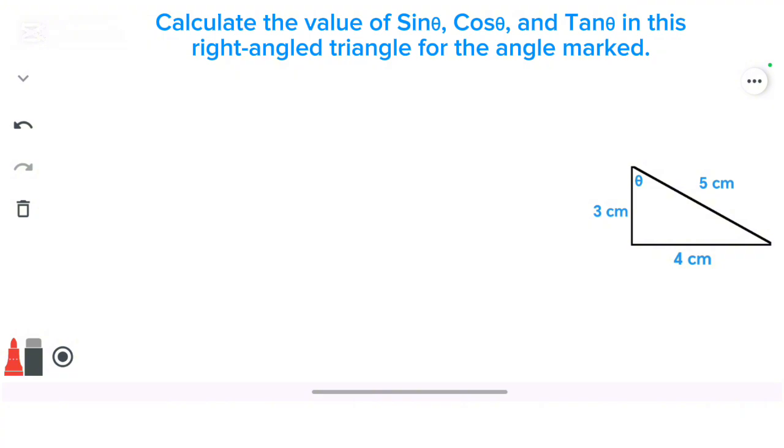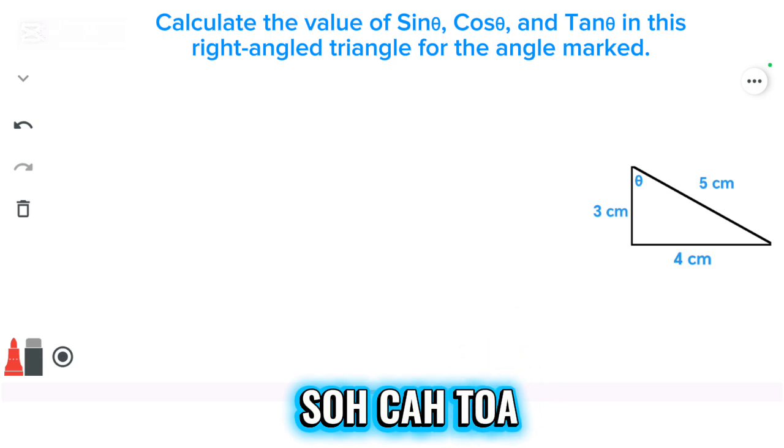Alright, so to find the value of sine, cos, and tan, you first of all need to know the SOH CAH TOA rule. One of the very important rules in trigonometry.